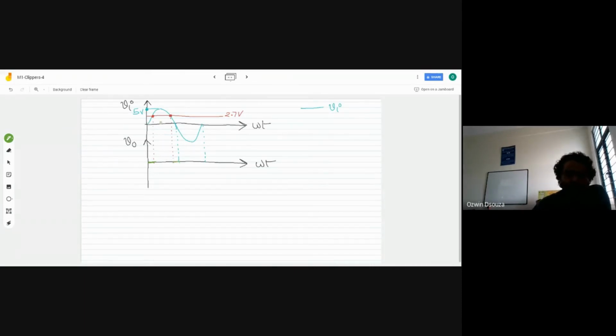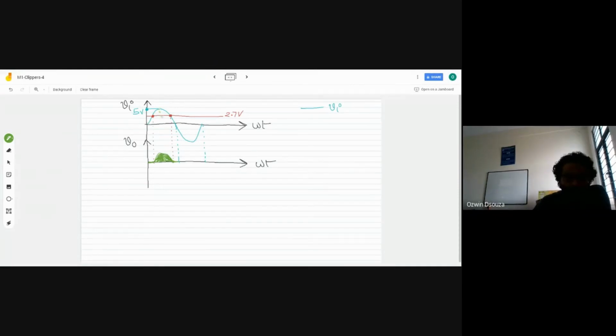On the other hand, when your input Vi starts to exceed the fixed DC level of 2.7, what happens? The diode gets into conduction and there will be an output waveform. Okay. So this is your output.